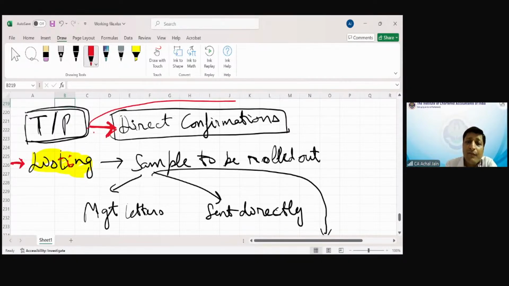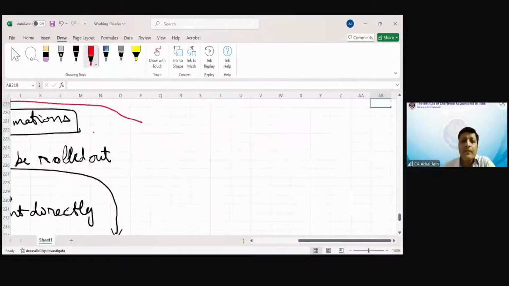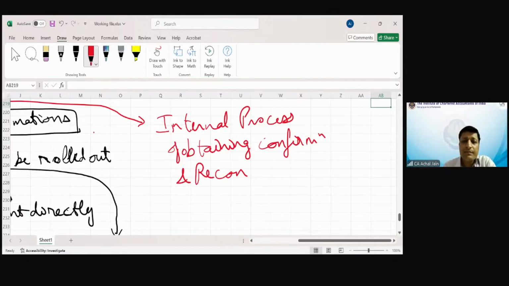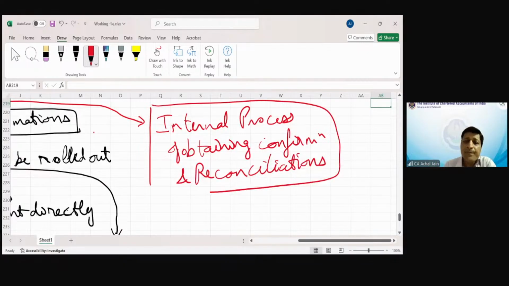Second, which the management is supposed to perform. And what is that? Internal process of obtaining confirmations and reconciliations. Okay, so that's the process.